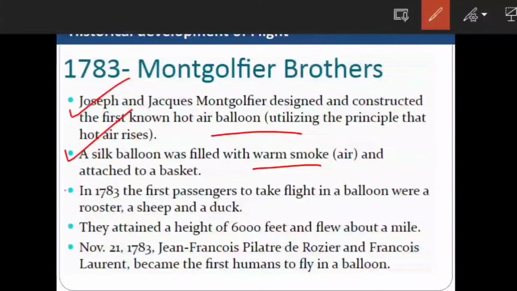In 1783, the first passengers to take a flight in a balloon were a rooster, a sheep and a duck. So no human beings were the first passengers on that flight; animals and birds were used. They attained a first height of 6,000 feet and flew about a mile.